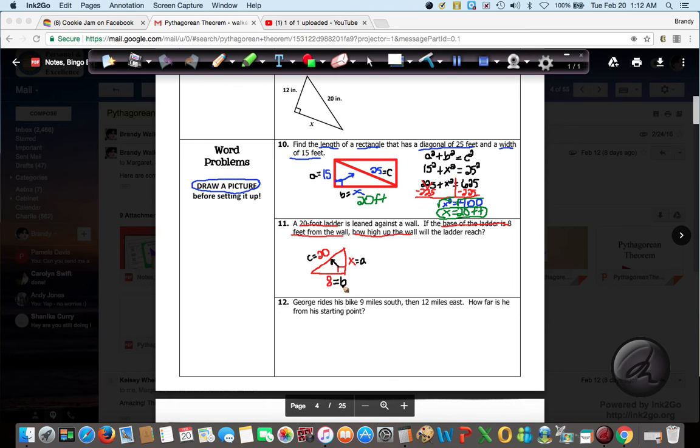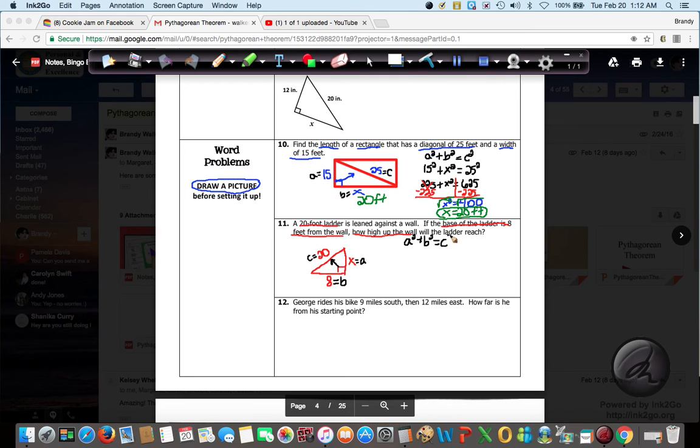That's totally your choice. We're going to do A squared plus B squared equals C squared, and now I am going to let you figure that one out on your own.